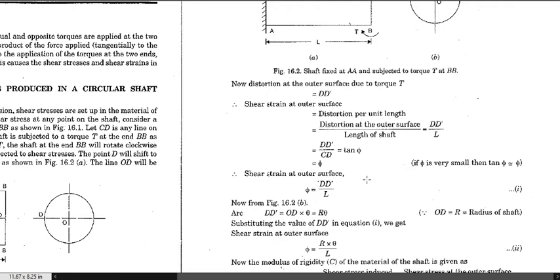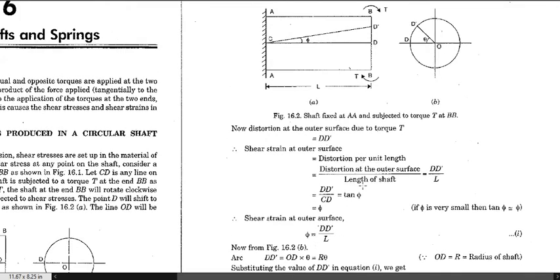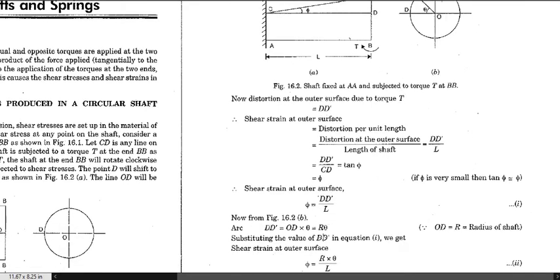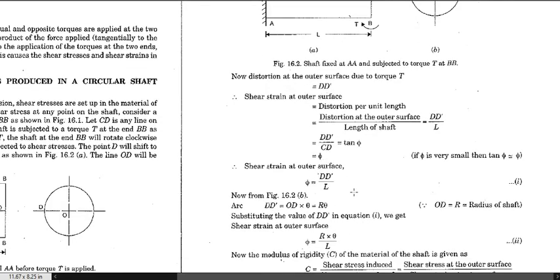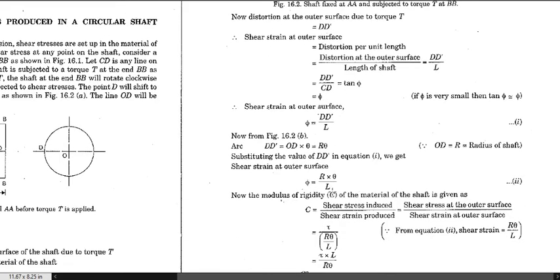If we round out the formula, we know that dd dash is equal to r theta, because theta is always dd dash over the radius. From here we get dd dash equals r theta; put the value in the above formula and you will get the value of phi.